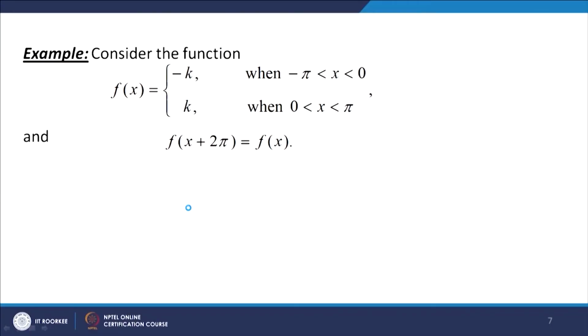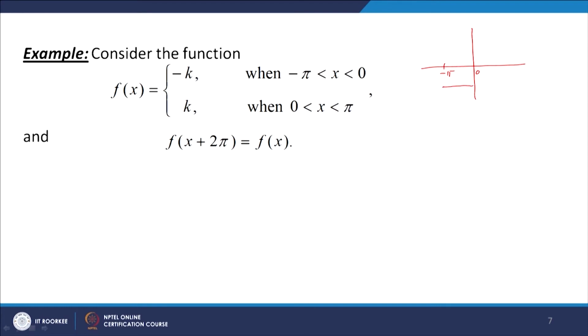So, consider the function f(x) = −k when −π < x < 0, and f(x) = k when 0 < x < π. Now, let us see the graph of this function. From −π to 0, it is −k. Let us take k positive.